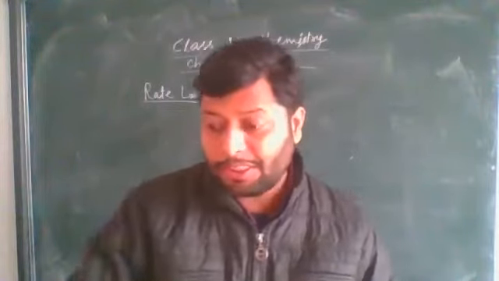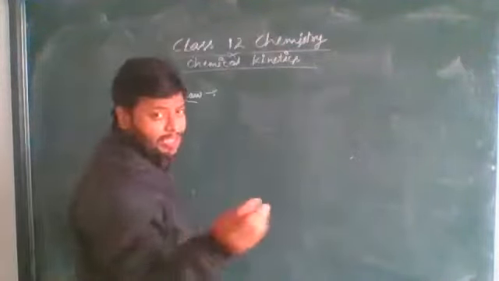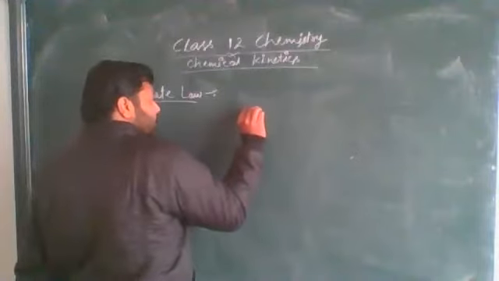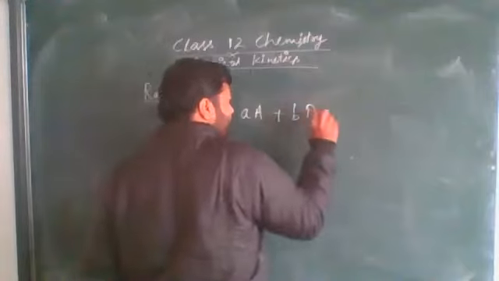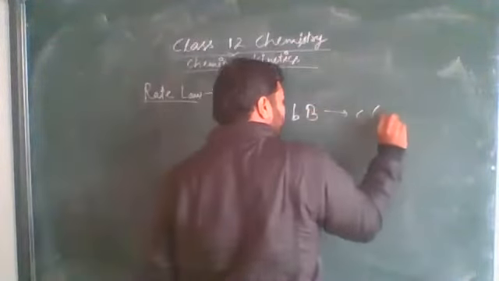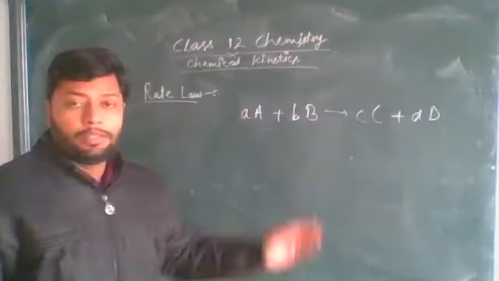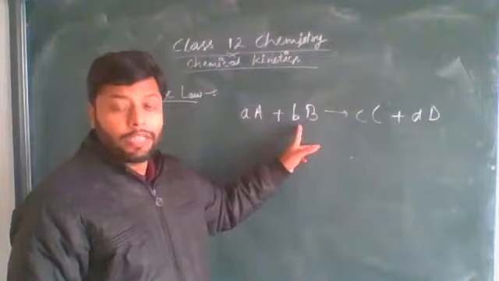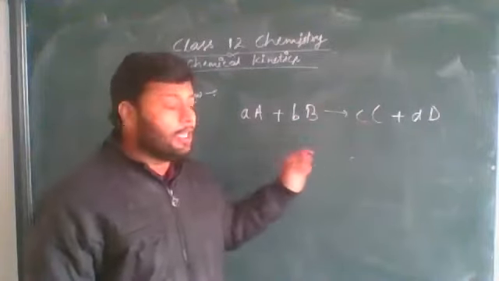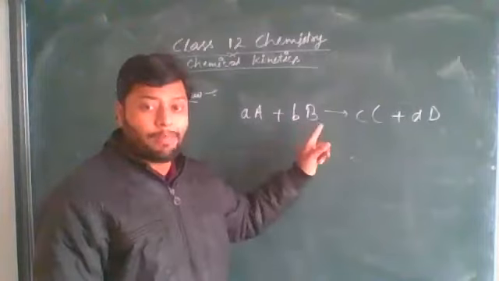Okay, so first consider any given chemical reaction. Suppose a general reaction aA + bB gives cC + dD, with different stoichiometric coefficients small a, b, c, d.